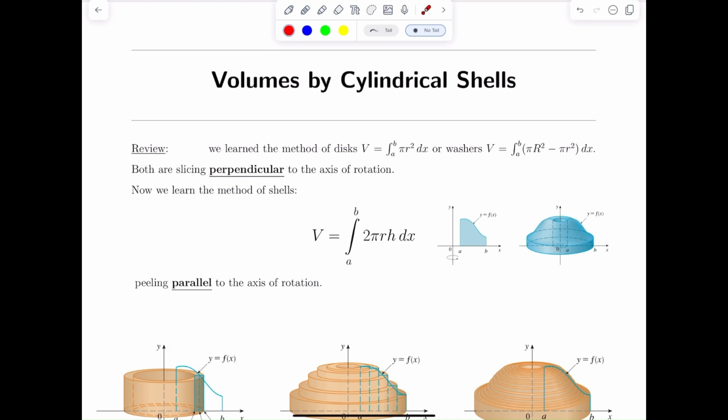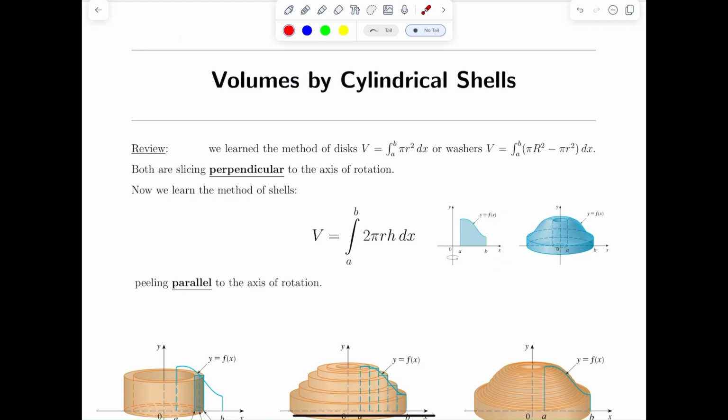Meaning, if you spun around a vertical line, say for example the y-axis, we took slices perpendicular to that axis, slices moving up and down, so we would integrate with respect to y. And we'd either have a disc or a washer. And then similarly, if we spun around a horizontal line like the x-axis, we took slices, again, perpendicular to the axis of rotation, and we would integrate with respect to x.